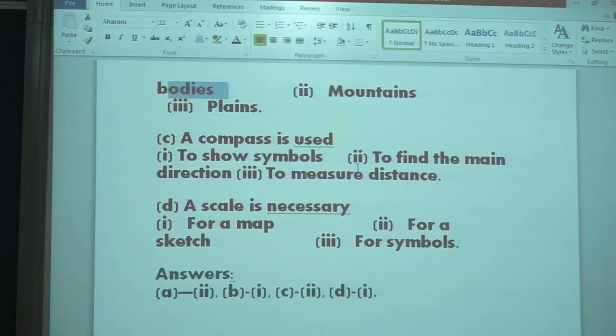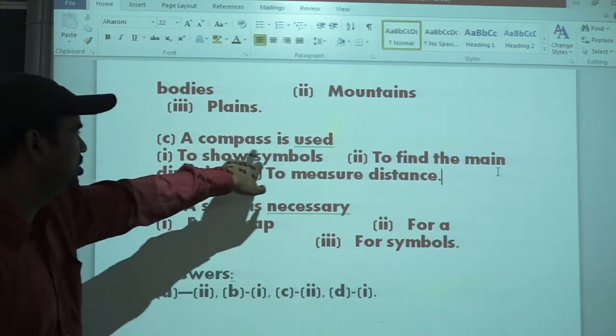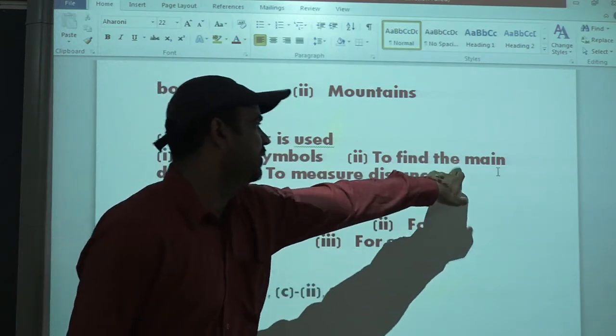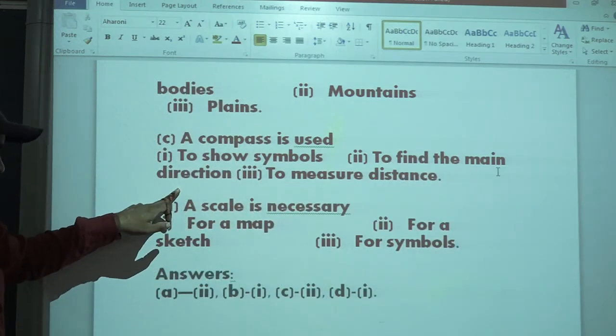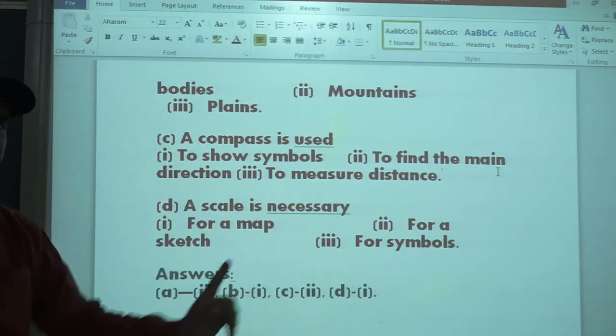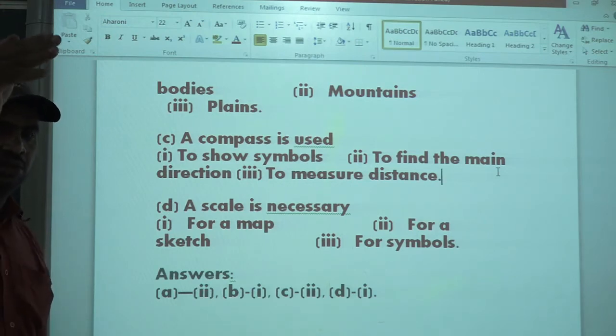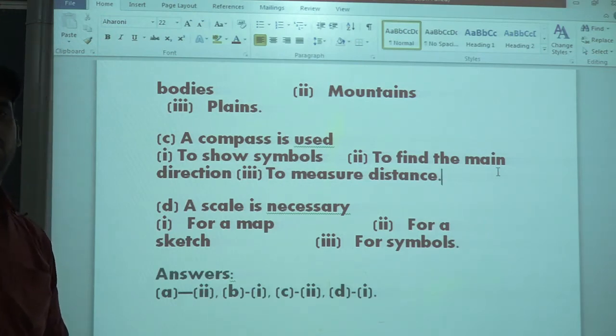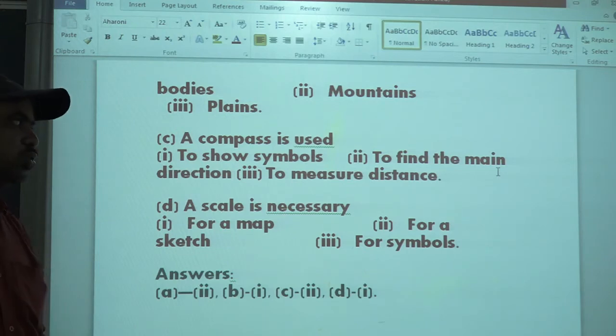The answer is to find the main direction. A compass is useful to find the main direction. Suppose you come to know about the north, easily you can come to know about the other remaining directions. So one direction is important and that is shown on a compass.